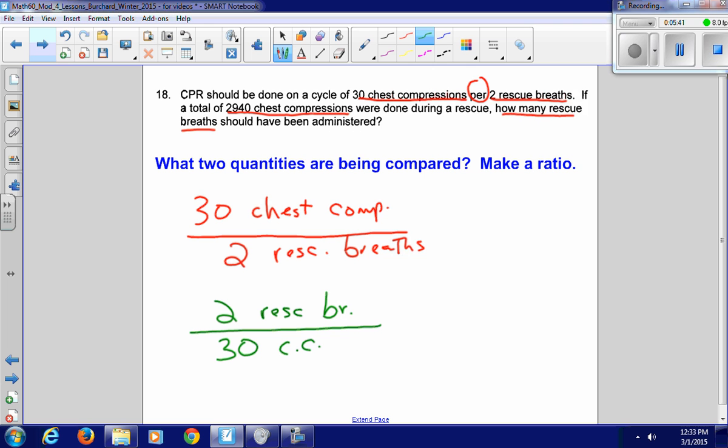So order matters, but at this point, it doesn't matter which one we do. What's going to matter is that when we make it into a proportion, we make sure we're writing them in the same order.